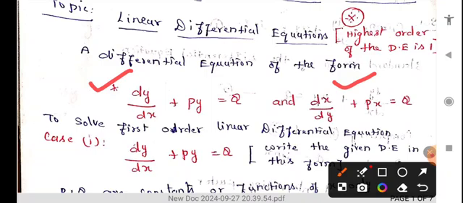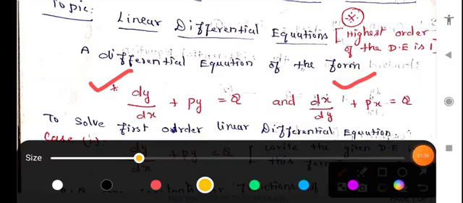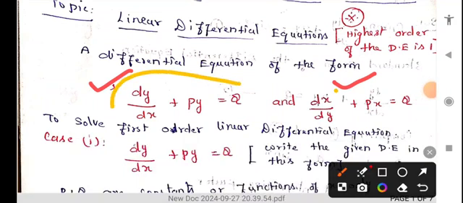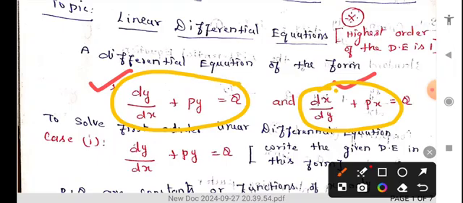Okay. So when you see a question which is in any one of these forms, that is dy by dx plus py equal to q, or otherwise dx by dy plus px equal to q form, we can call it a linear differential equation.